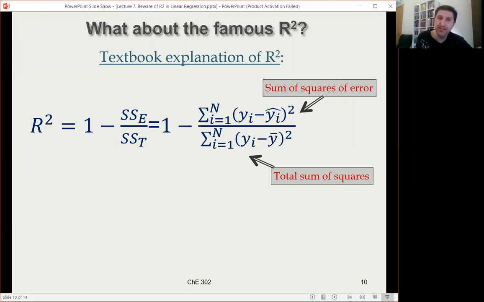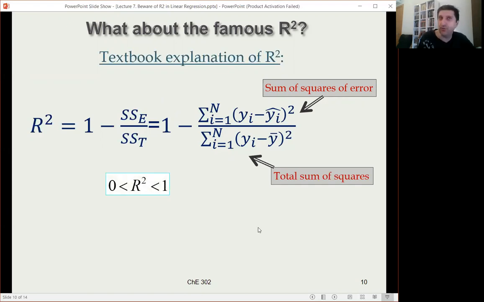The numerator is the part that cannot be explained by the model, because this is the sum of squares of residuals. So if you divide it by the total variation, and subtract it from 1, you can find how much variation in the response variable can be explained by our model or by our independent variables. This is what R-square is mathematically.